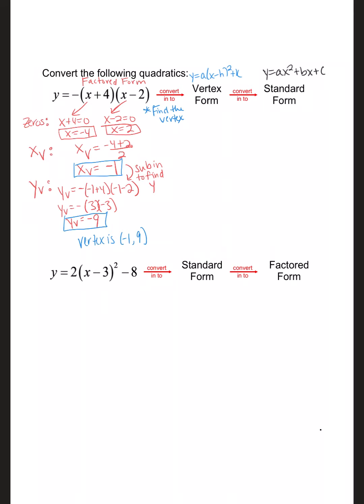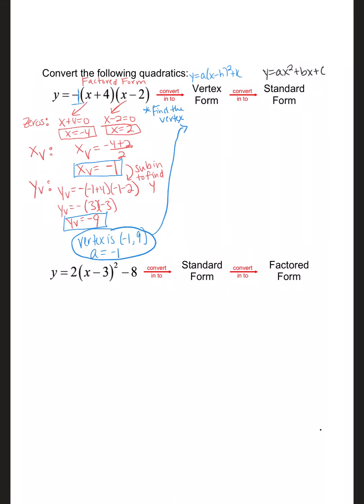And we could also identify, because we'll need it for each form, what's our a value? So our a value here, if we look, is at the front of our brackets. So our a value is negative 1. So we're going to take this information and we're just going to write it in vertex form. So in vertex form, we need our a, our h, and our k, right?